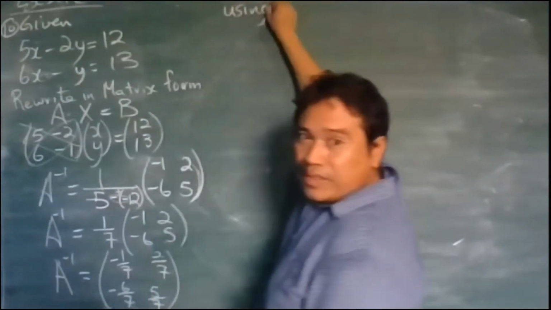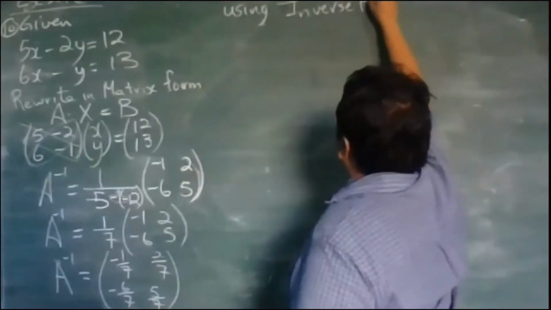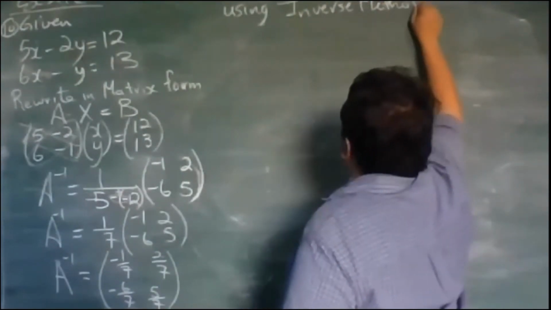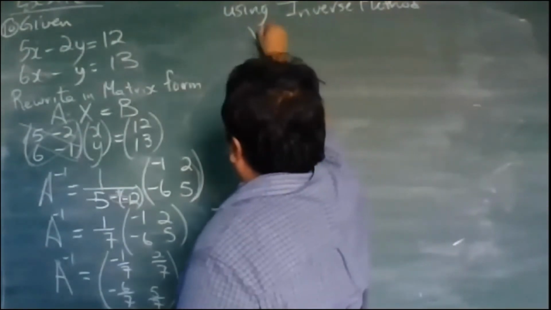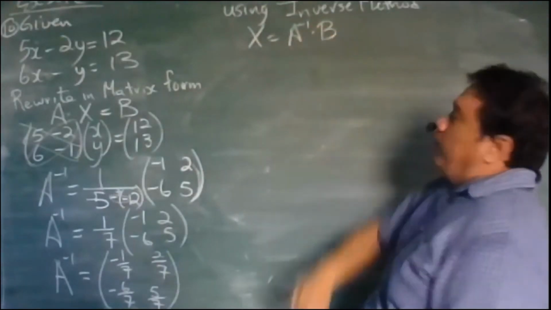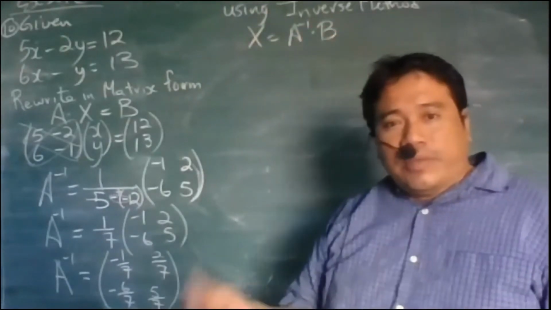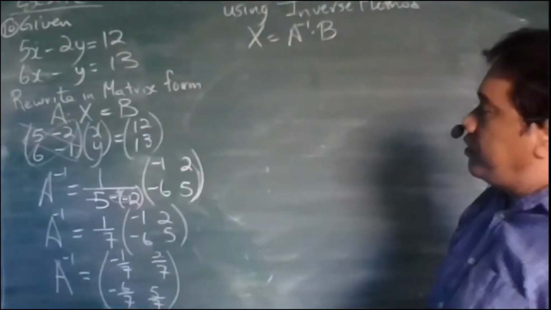Using the inverse method. And remember, if I'm using the inverse method, that means I'm only using the x equals A to the negative 1 B. Due to when I multiply an inverse by its matrix, it becomes the identity matrix.